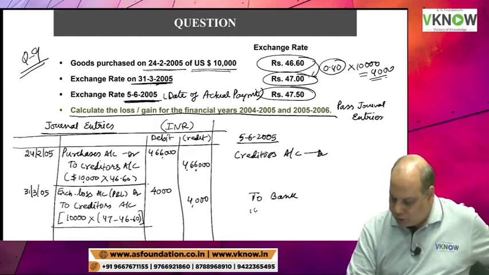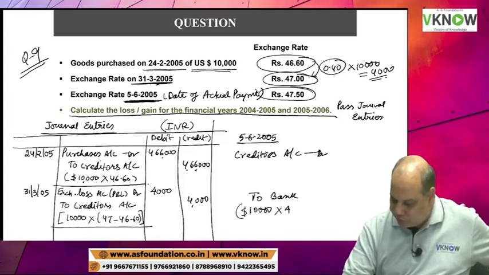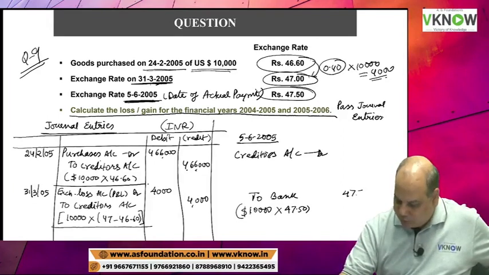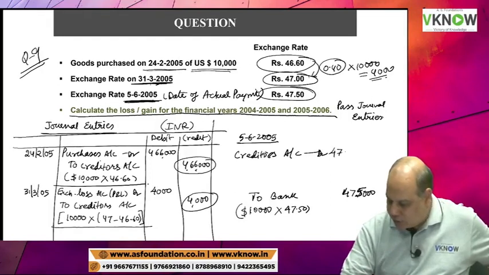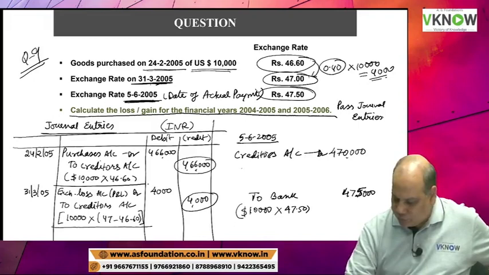You will pay $10,000 into rate 47.50, so you will pay 4,75,000, and the creditor balance in your book is 4,70,000. So the difference is exchange loss again.